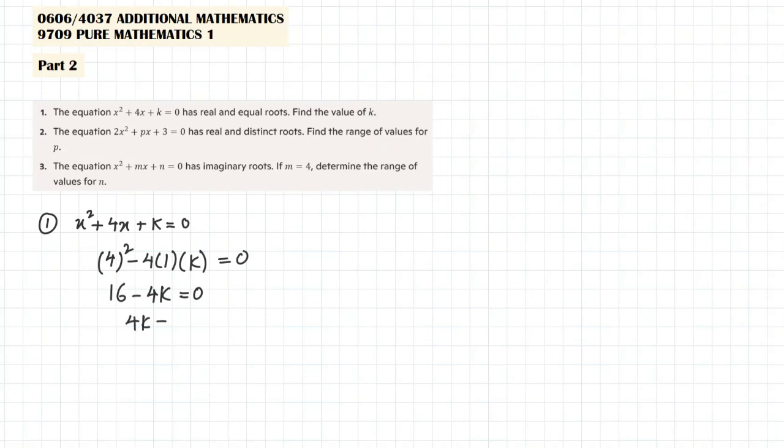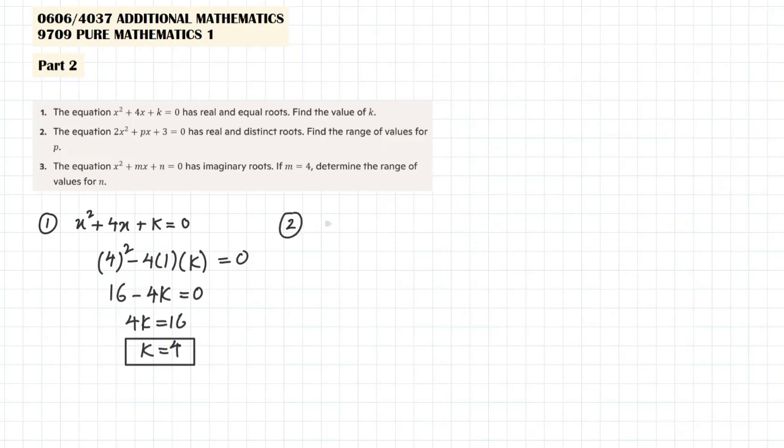So 4k equals 16 and k should be 4. So that is what I mean by a reverse operation question. Since the nature of roots is given already, it's known, and we're trying to find an unknown, right? If you want to try question 2 on your own, you can pause the video and give it a go, and then come back and check my solution.